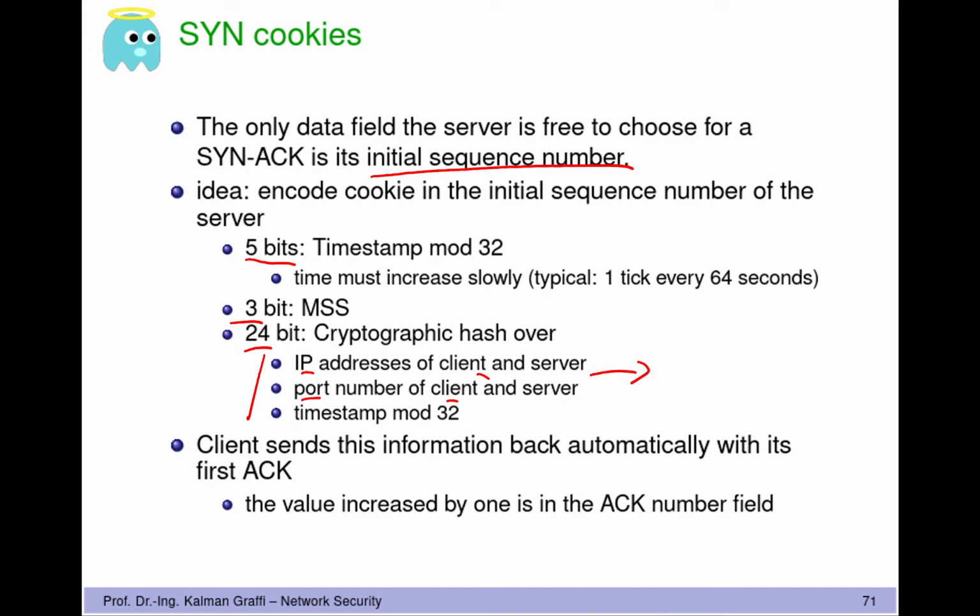So we will be able to verify. We don't have to really store it, because every message coming from that client will contain this information. But we want to make sure that this was the old one. So basically that we have a hash over it, that we created this. So basically this is how we select our sequence number.